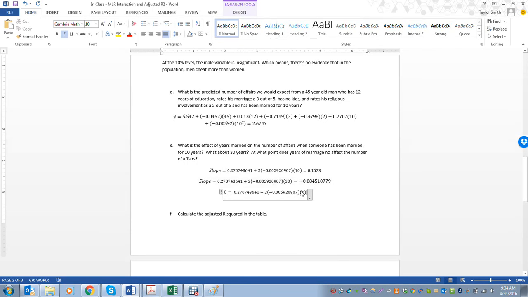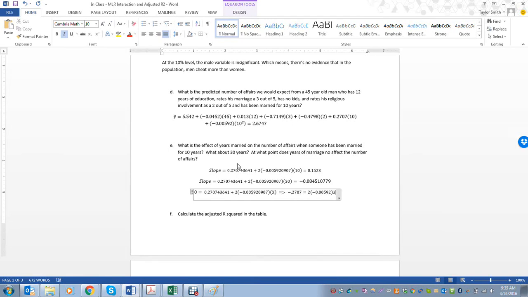So what you're going to do is subtract from both sides. I'm going to subtract 0.27 from both sides. So I end up with negative 0.2707 is equal to 2 times negative 0.00592 times x.